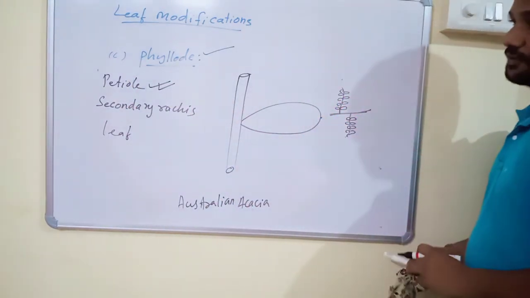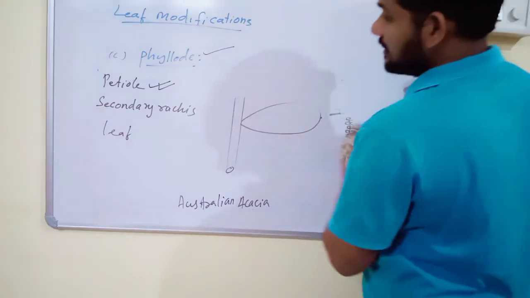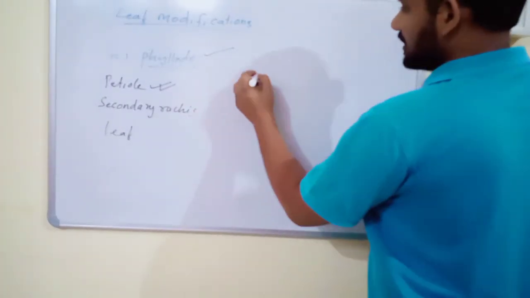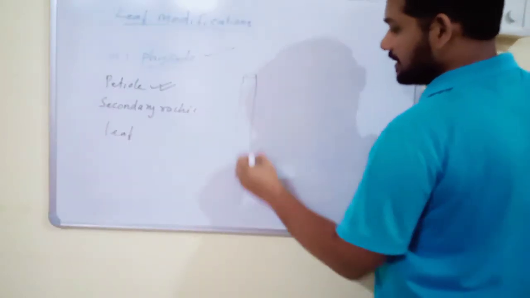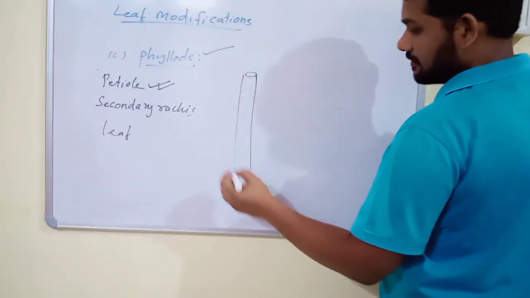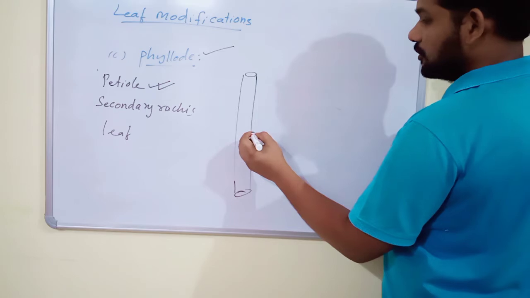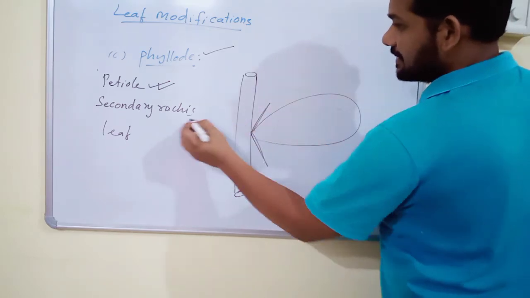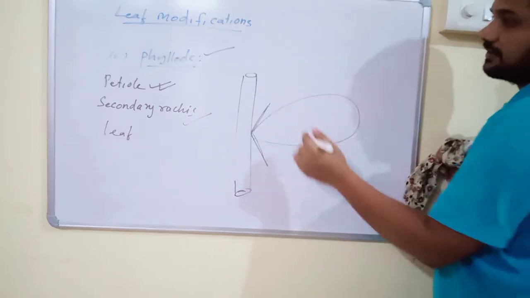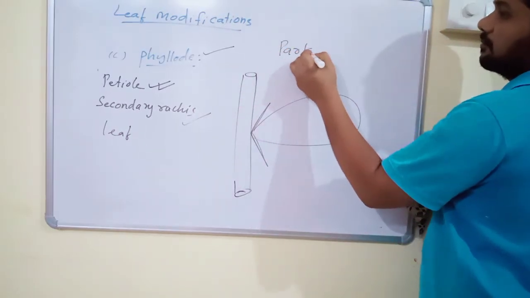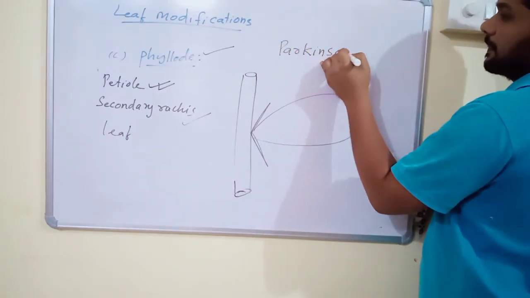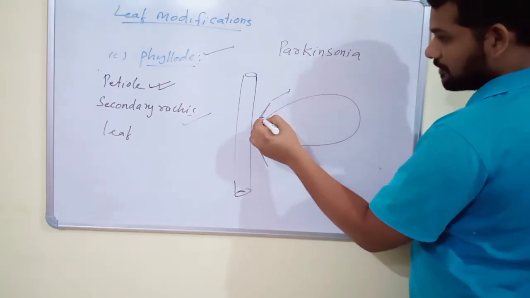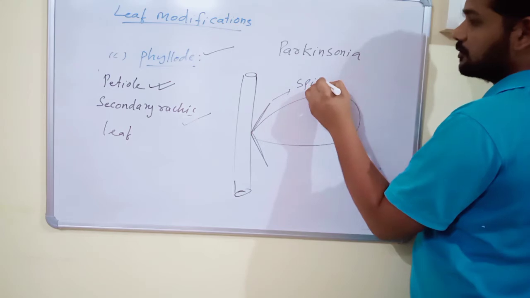In Australian acacia, which part is modified into phyllodes? That is the petiole. And in some plants like Parkinsonia, the petiole and primary rachis are modified into spines.